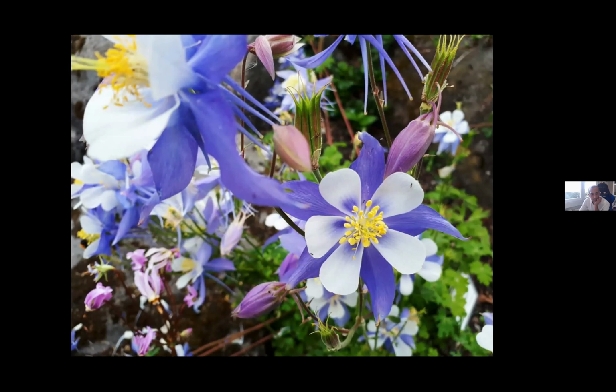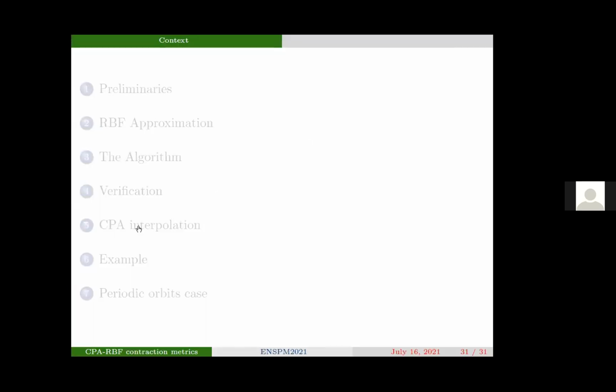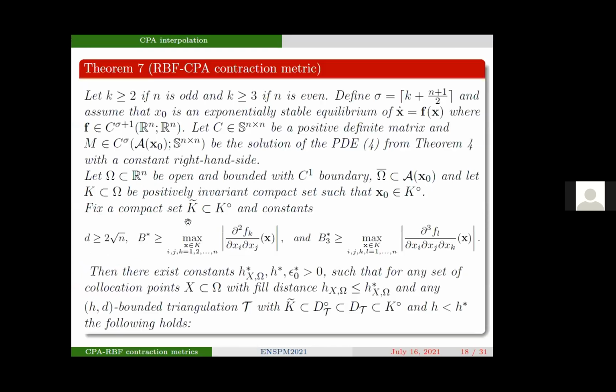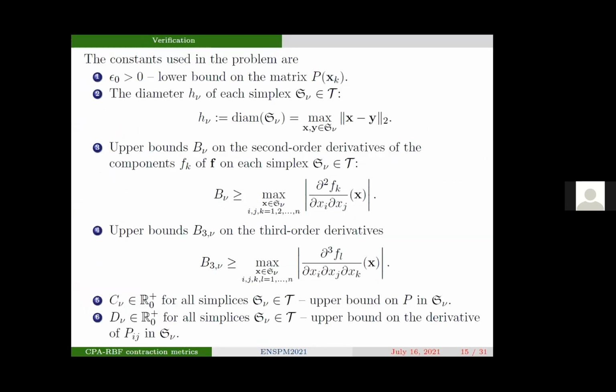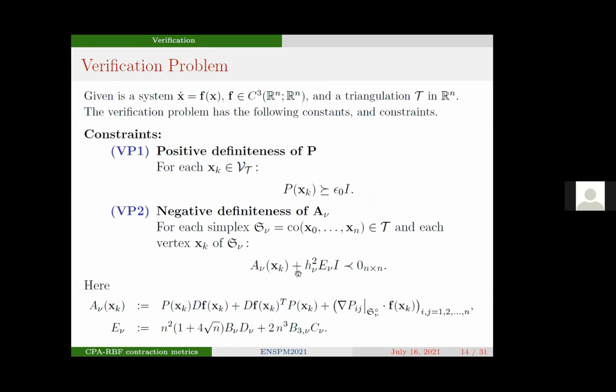I have some questions. The first, maybe you explained it at the top, but I was kind of lost. Why do you need to go to the third derivative? Yes. For the verification problem, I need some upper bound when I'm doing the verification at each vertex.